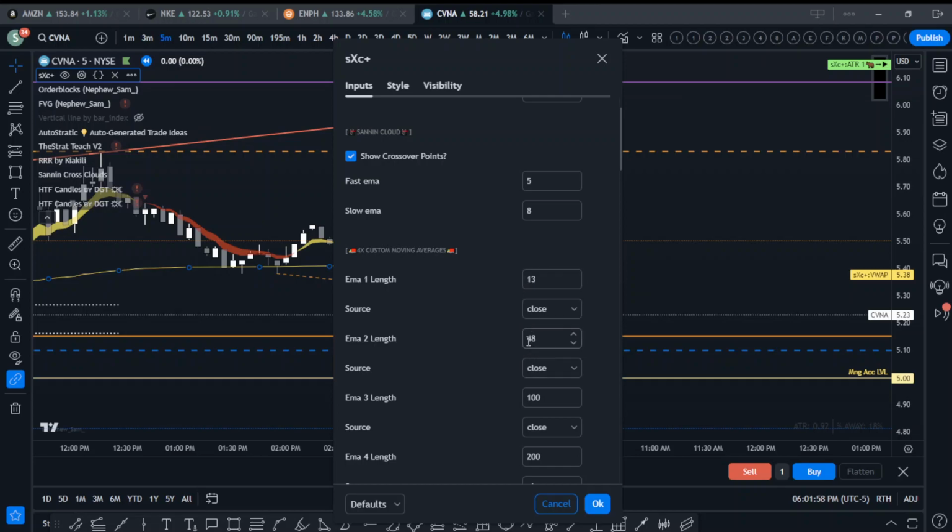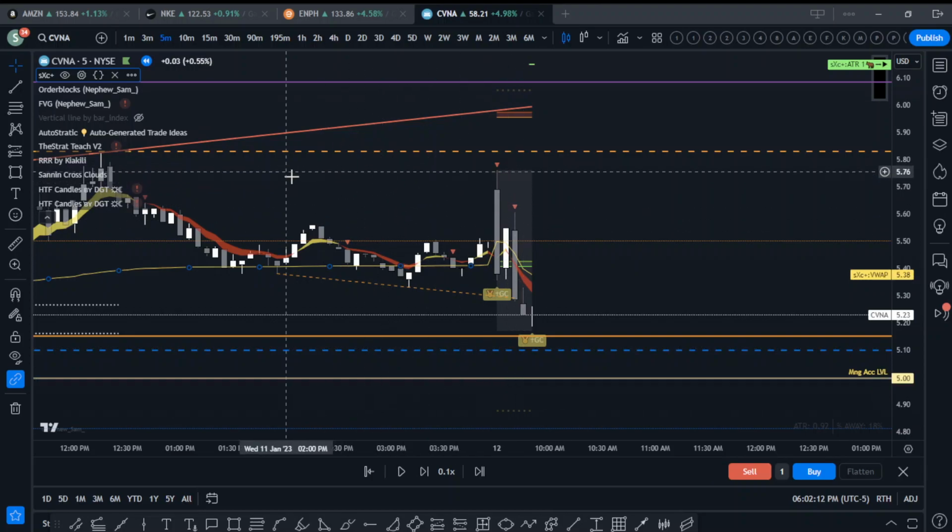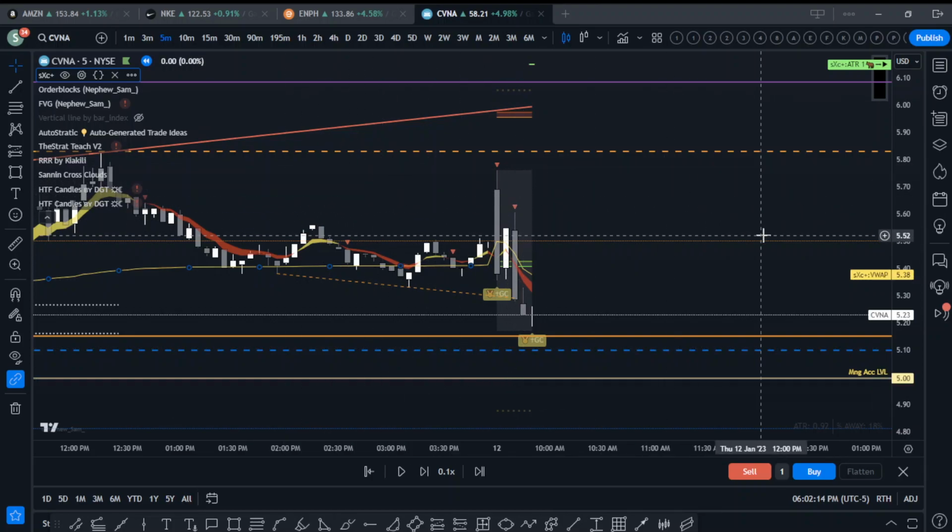So I also have an option for you to see those on there, as well as the Sannin Clouds. And you can also use these, as well as the 100 and the 200. But I use the 5 and the 8. The most profitable, according to Yahoo Finance and backtesting over 100 years of data, is the 13 and the 48.